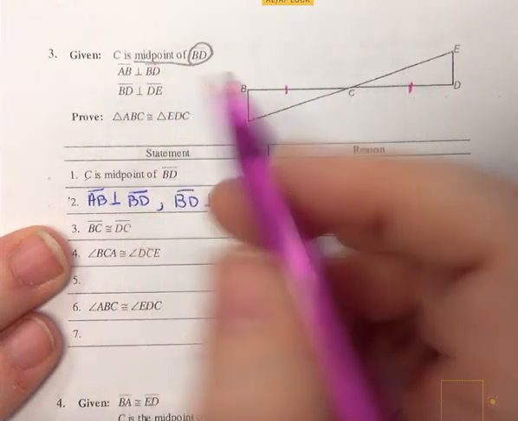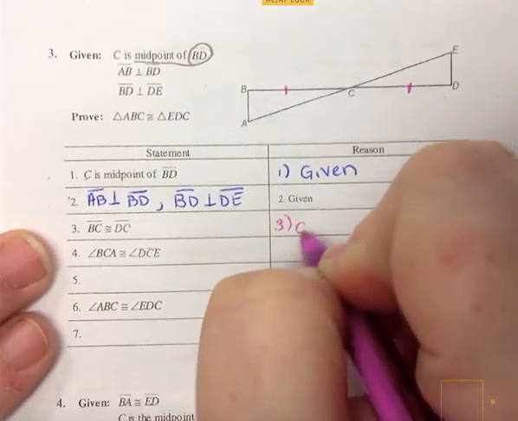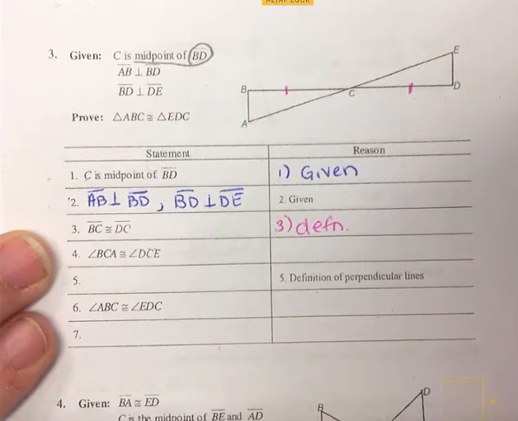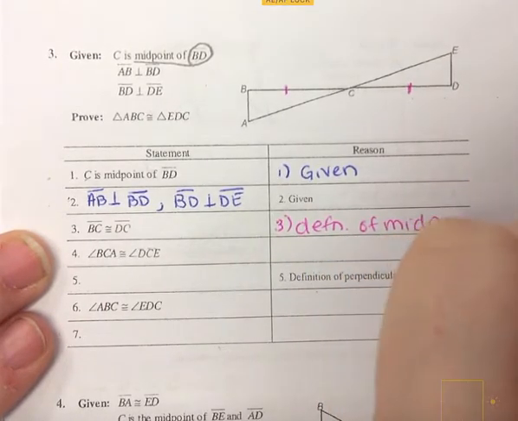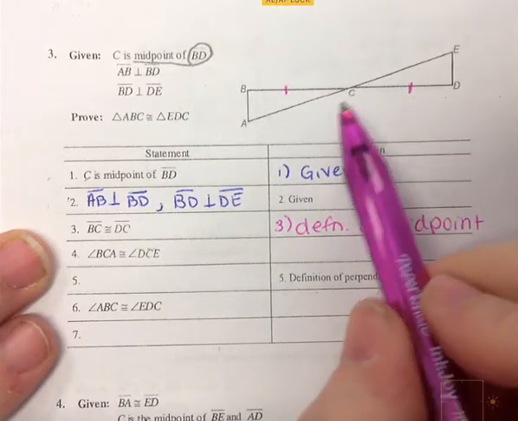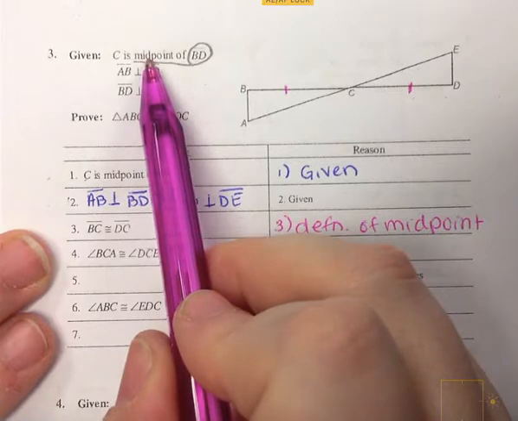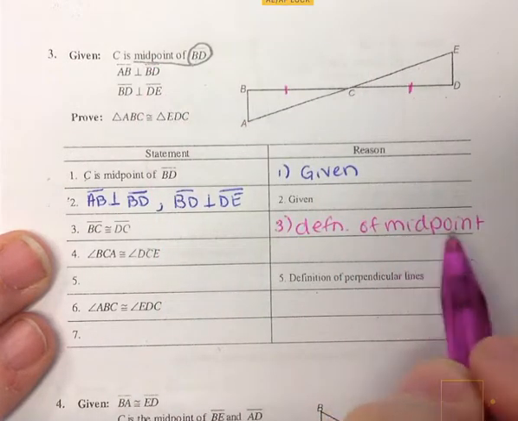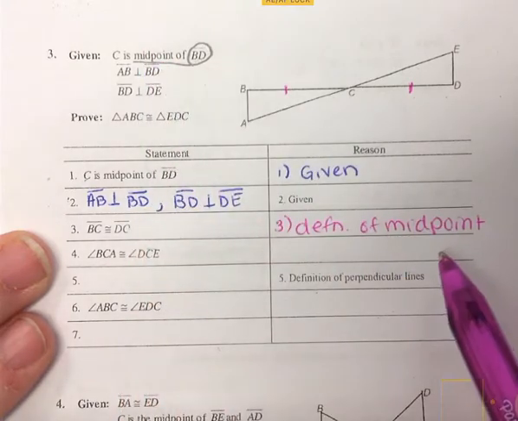That's the definition of a midpoint. So reason 3 would be definition, I'm going to abbreviate that, of midpoint. Because that's what midpoint does. It cuts a segment in half. And we underline the word midpoint. That means we have to use the word midpoint. These words match. It's just matching words.